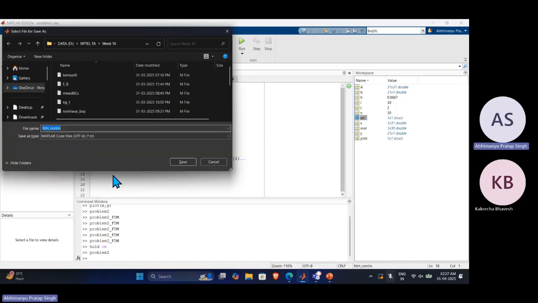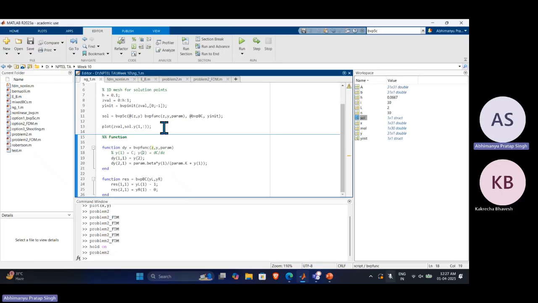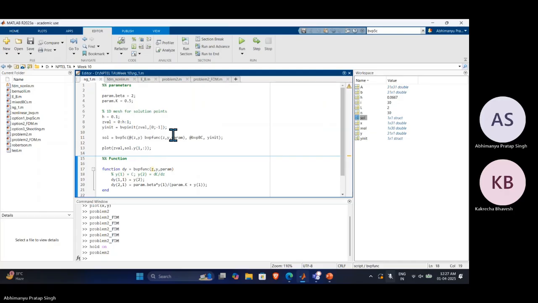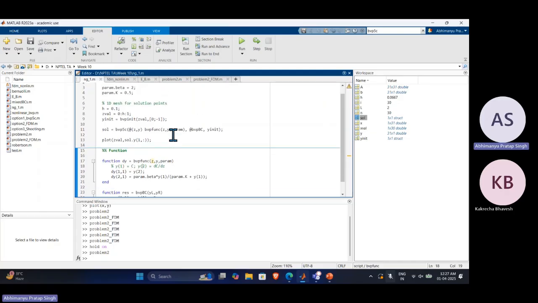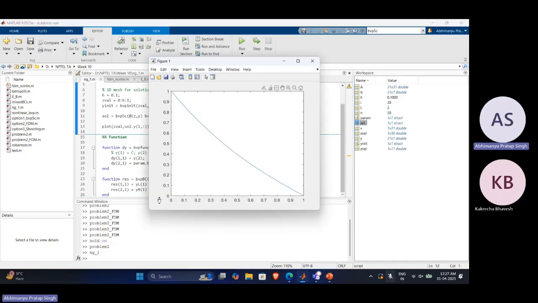So if I save this, the function name is FDM nonlinear. It is for this problem only, right? So I will just take the initial guess from here.